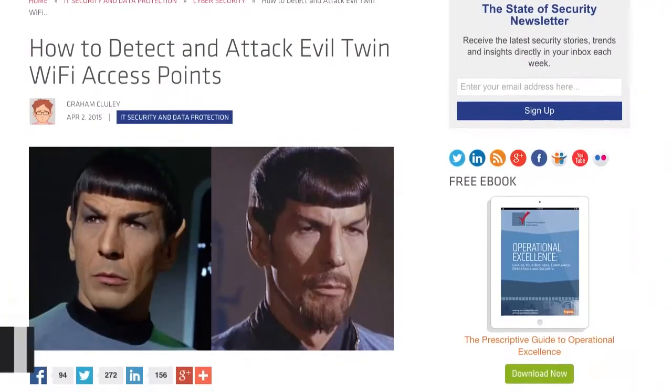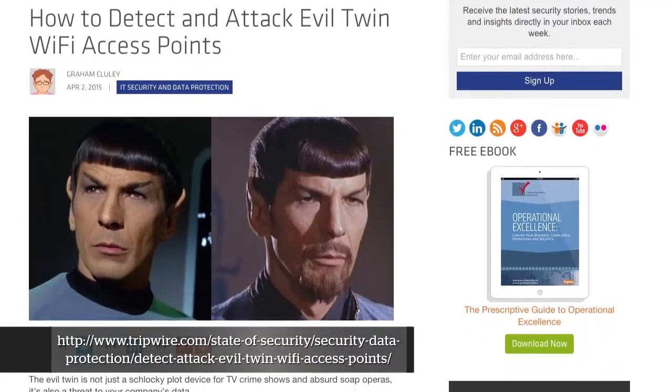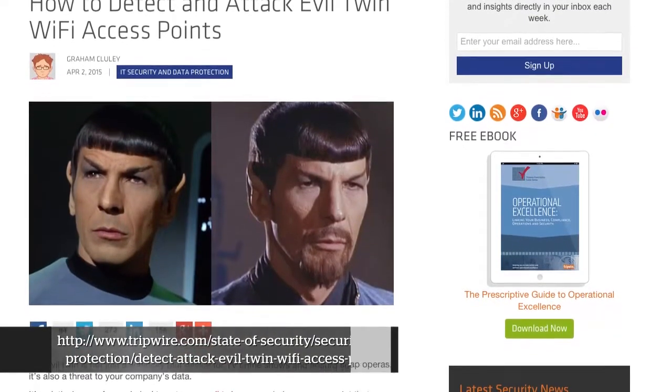Yeah, I saw this article on Tripwire's blog, and it was actually written by Graham Cluley, a blogger that I read fairly frequently. The evil twin rogue wireless access point problem is one that's been around for a while.